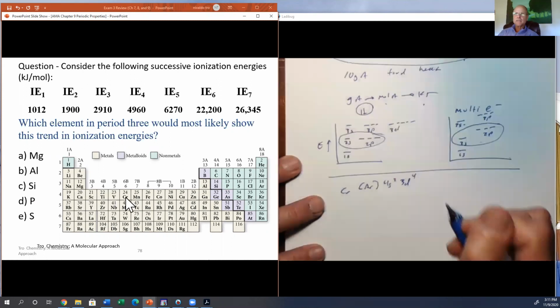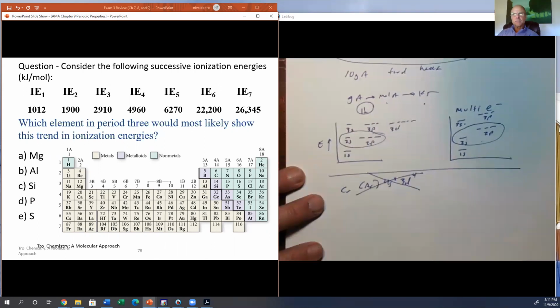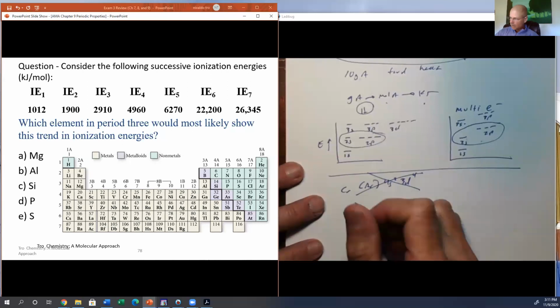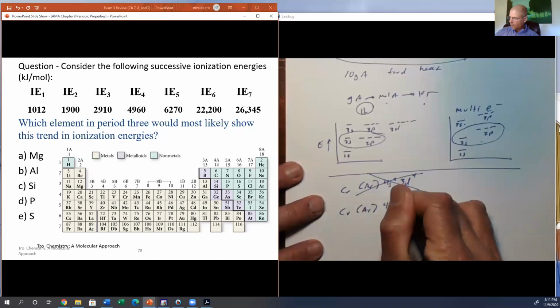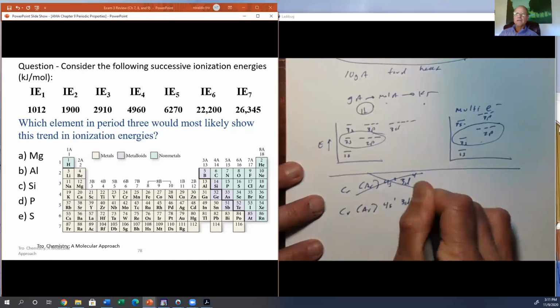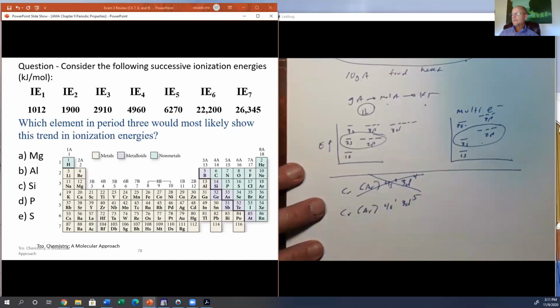That's what we might expect, but that's not what it is, because there's this special stability associated with a half-filled shell in the d orbitals. So instead you have chromium, argon core, 4s1, 3d5, like that.